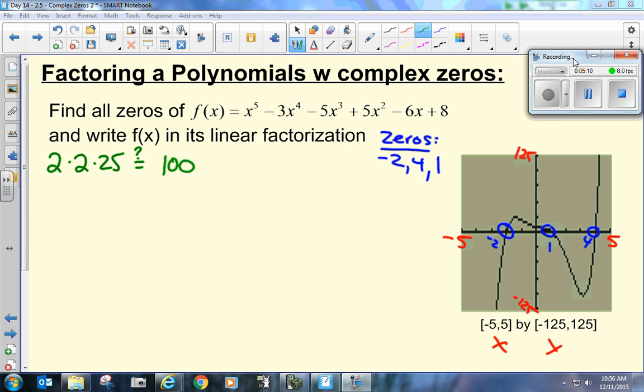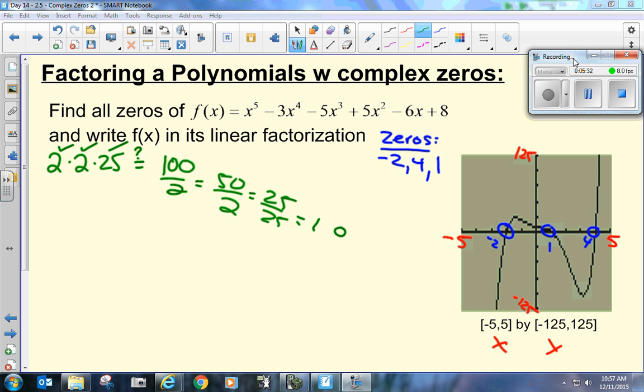Because if I divide all three of these into it separately, there should be no remainder. 100 divided by 2 gives me 50, no remainder. I divide 50 by 2 again, and that's 25, no remainder. I divide 25 by 25 and that's 1, no remainder.